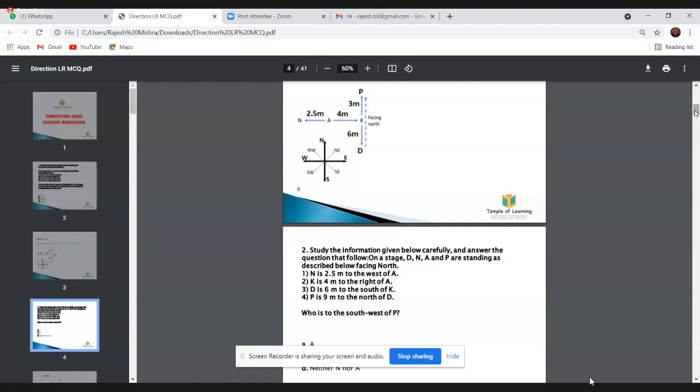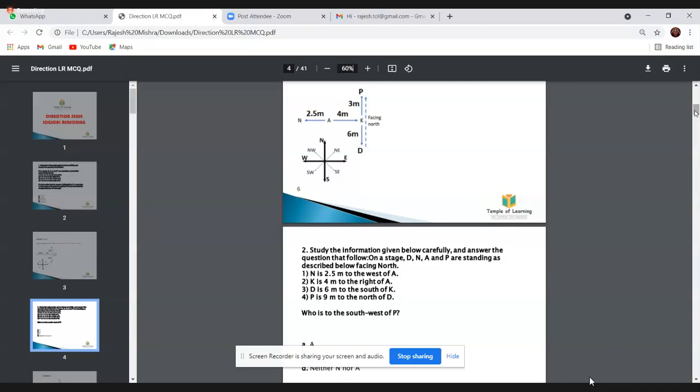N and A both. But when I look at the options, I don't have N there. It says neither N nor A. Both N and A, yes. If it is not mentioned, I pick up the option which is at least one of the 2. So it is from within the given options. Is this okay?